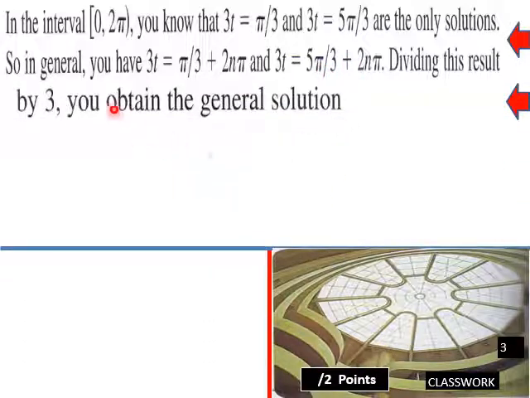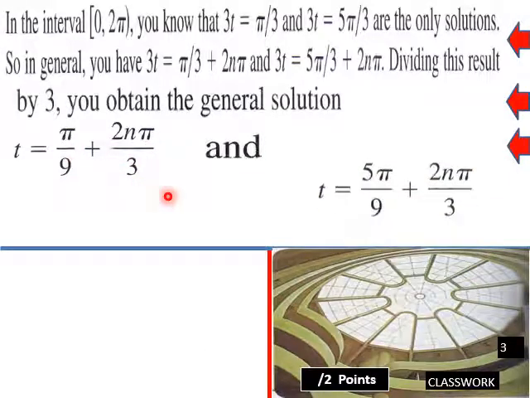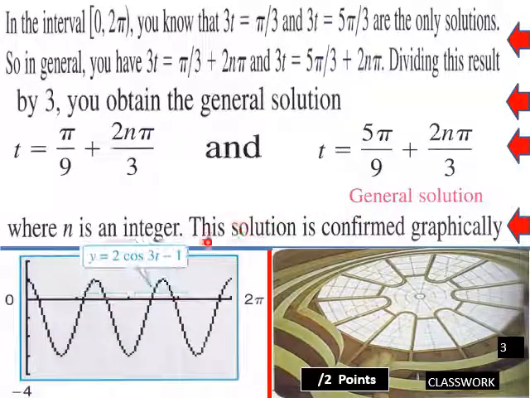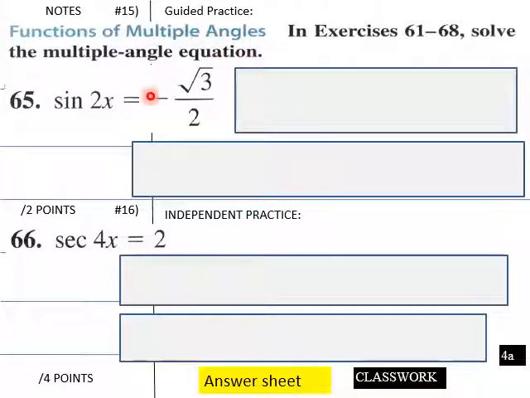Dividing this result by 3, you obtain a general solution now of pi over 9 plus 2n pi over 3, and 5 pi over 9 plus 2n pi over 3, where n is an integer. This solution is confirmed graphically. By graphing this, you can see where your solutions are, and they would comply with your general solutions here.